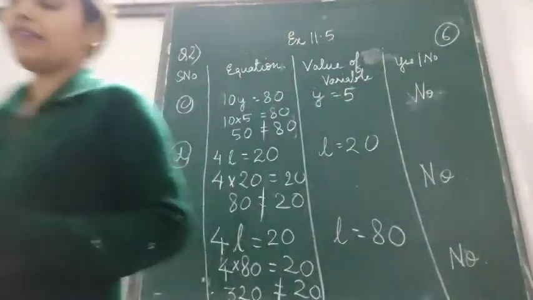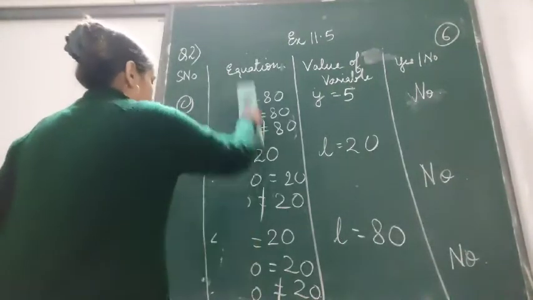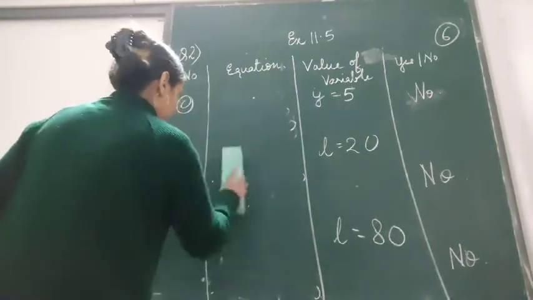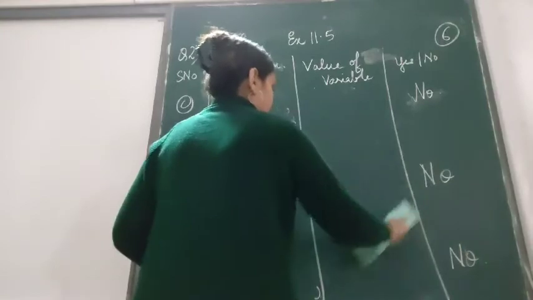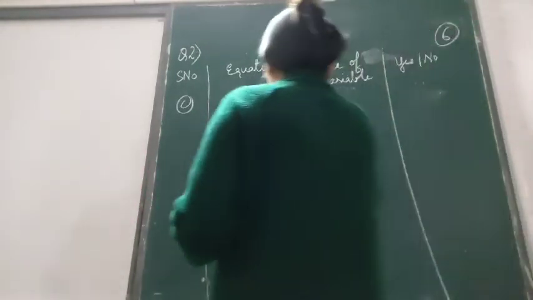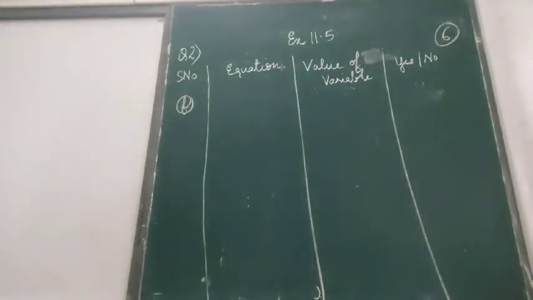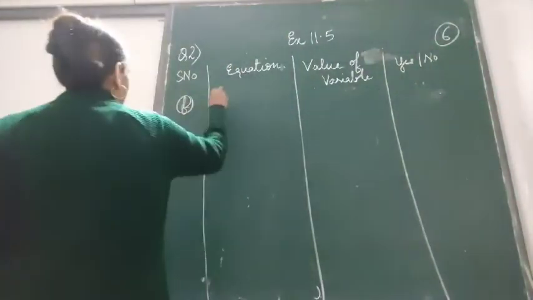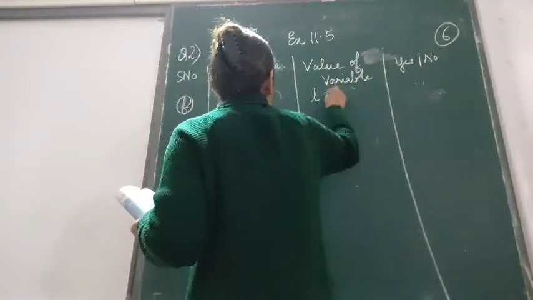Now we will erase. We have to start F. Here's my book. 4L is equal to 20 and L is equal to 5.